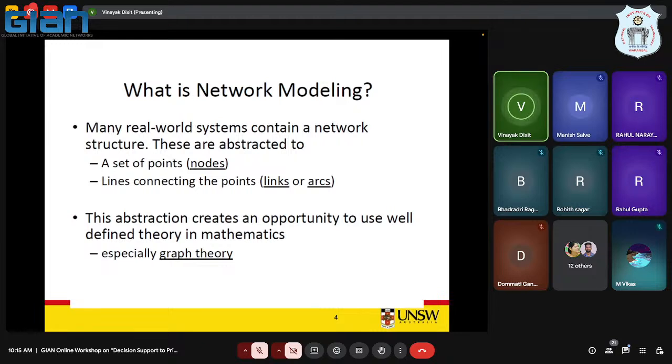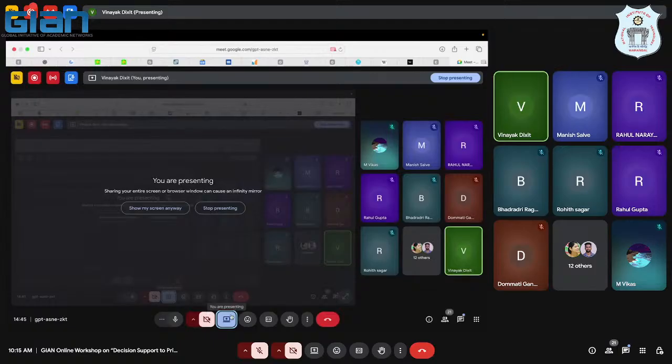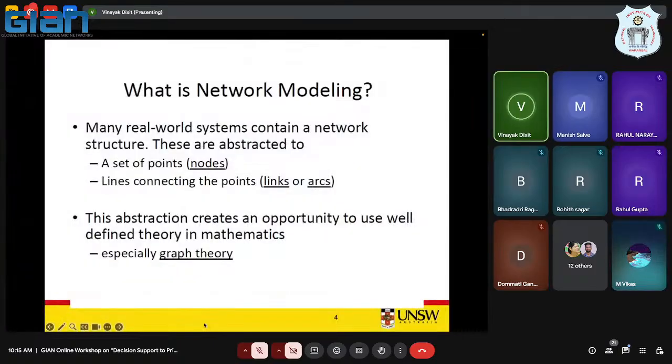Essentially, the way we do transport models is by abstracting them as graphs, as networks and graphs.